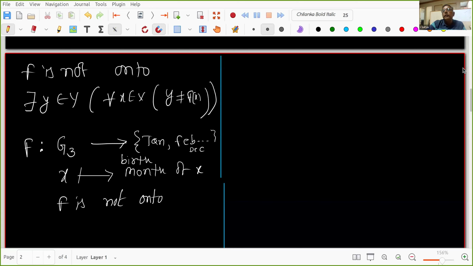F is a map from G3 to the months of birth of the students, right? Okay, Reenu, what do you mean by F is not onto? We take an element from the codomain, like December.